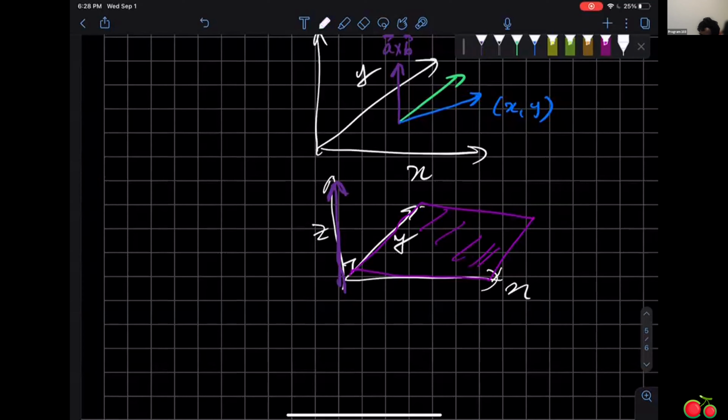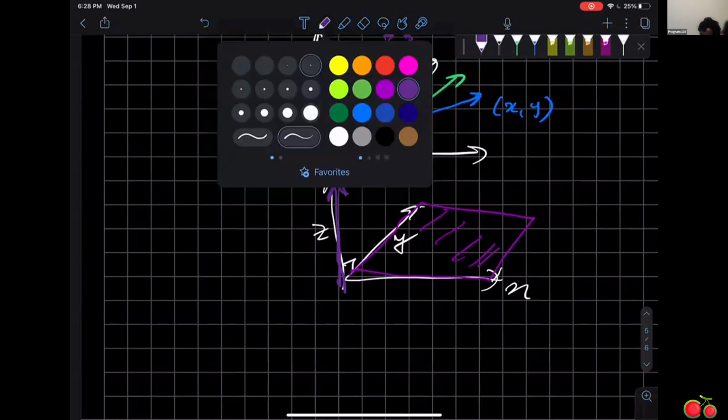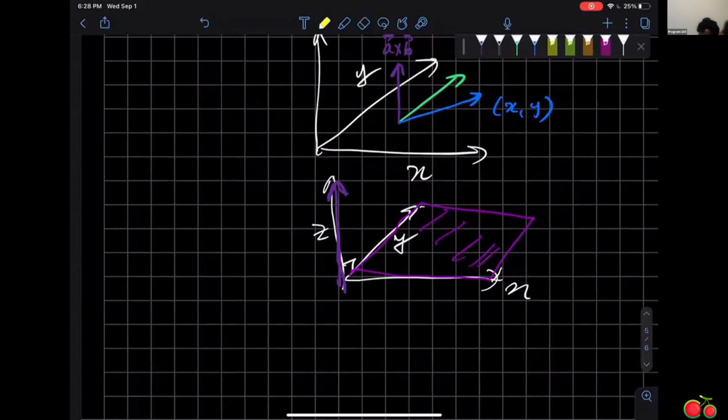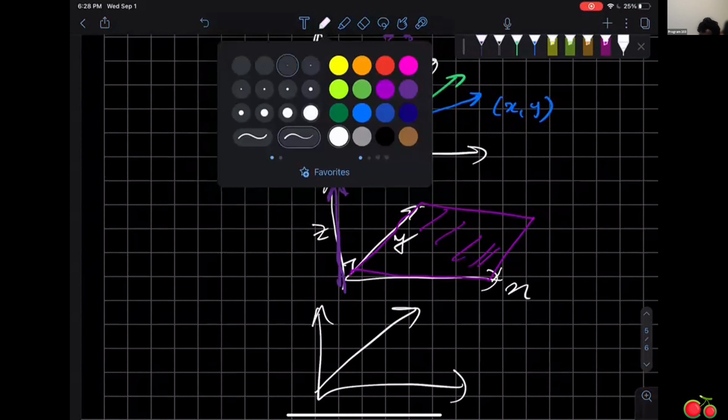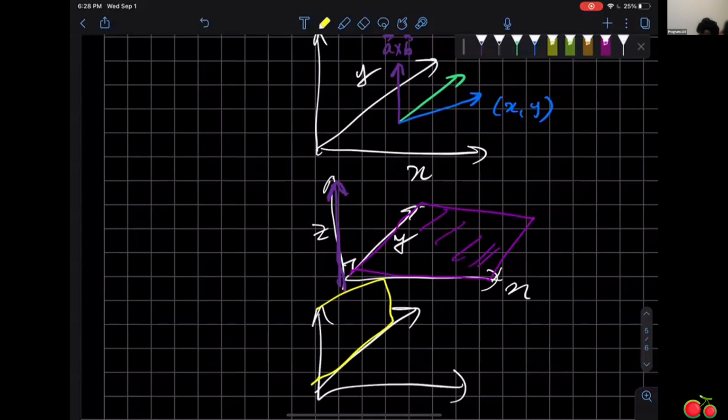If I take another plane, let me pick another plane. For this, I need to draw another grid. So this plane is X, Y, Z. This is the ZY plane, or ideally speaking, you should write the YZ plane.